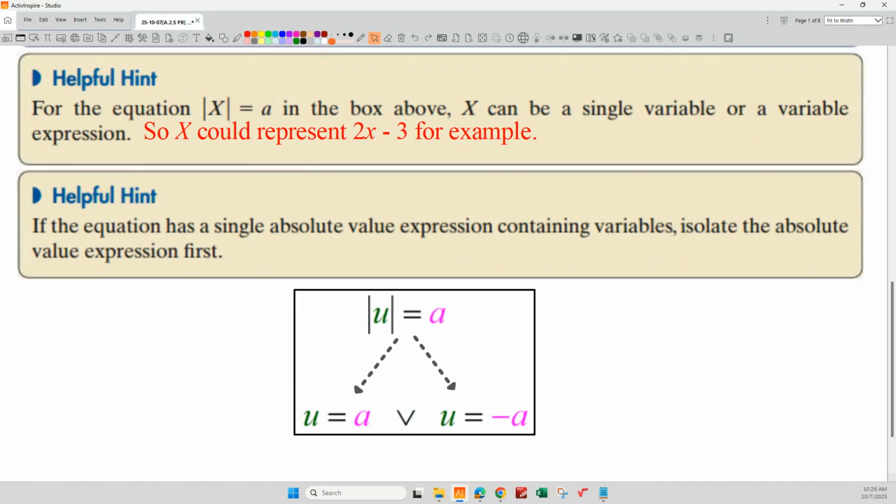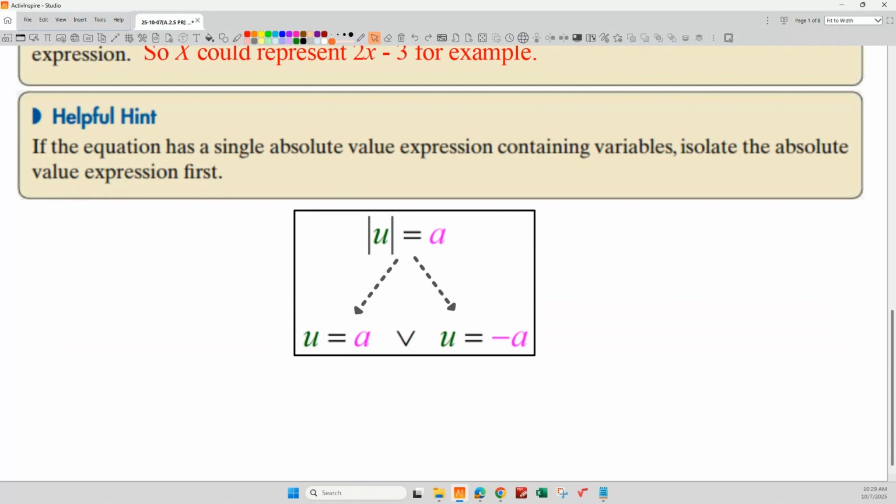All right, so here's the way I like to write that instead. I think the x's are a little confusing. Instead of using a capital X, I use u. It looks like the variable u, where u is just some function involving x's. A is just some number. And here's how we're going to split that. Whatever's inside the absolute value, notice the absolute value expression is by itself on one side of an equation.